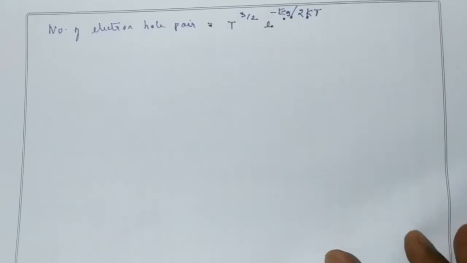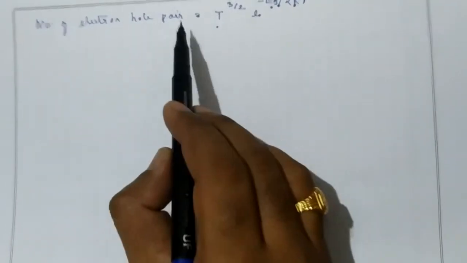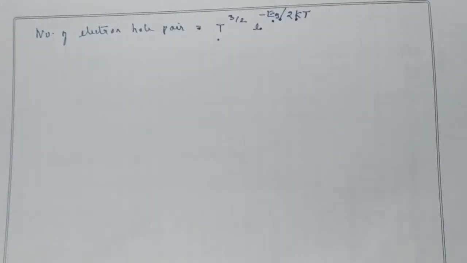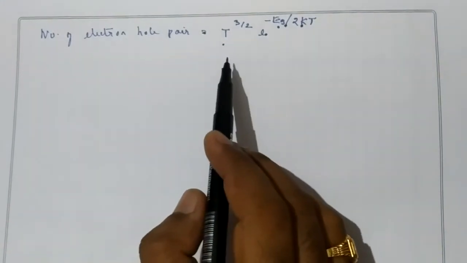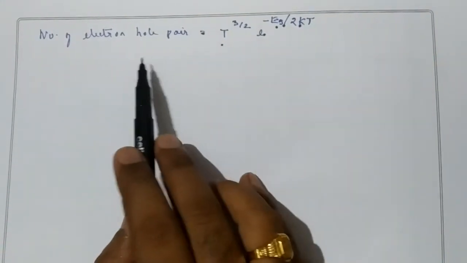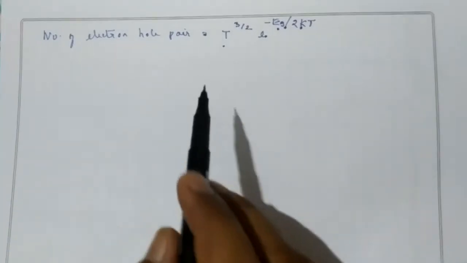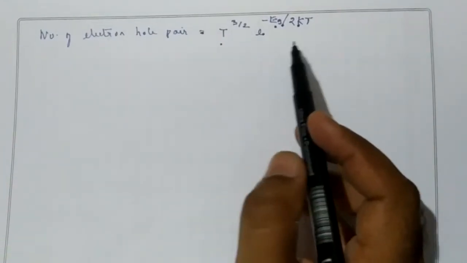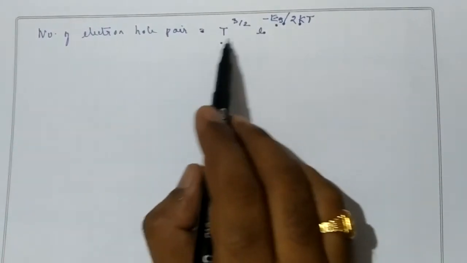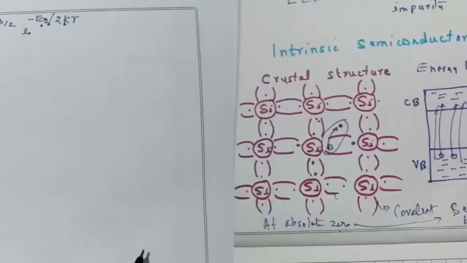You can see that as the temperature is raised, the number of electron hole pairs exponentially increases. Therefore it is not a linear increase. And therefore what will happen to the conductivity? Conductivity also exponentially increases as the temperature rises.